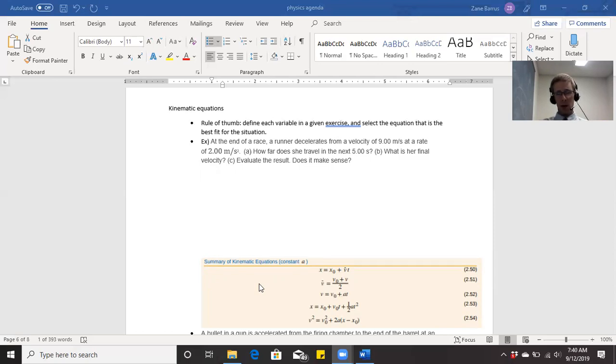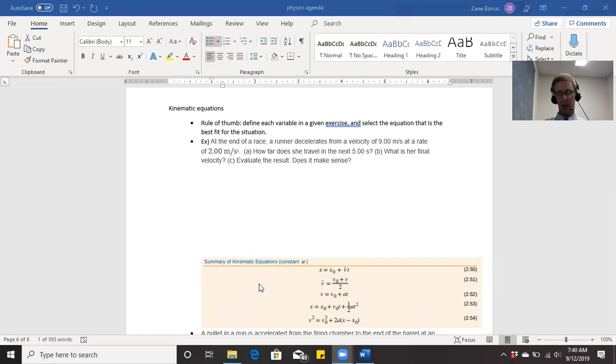That's pretty overwhelming, because how do you choose which equation to use? Here's my rule of thumb. Whenever you're solving problems using these equations, define each variable that's given to you in the problem, define the variable that they're asking for, and then pick the equation that's the best fit.